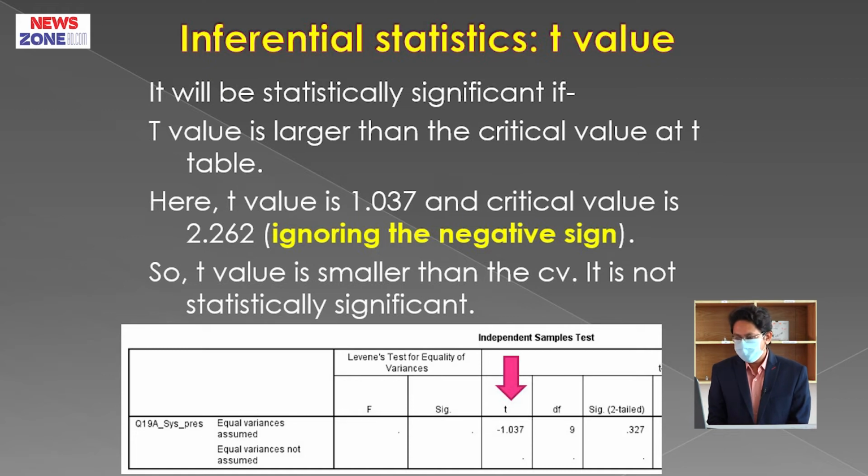We know that our t value must be greater than the critical value in the student's t distribution table.